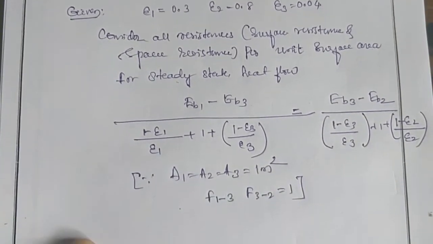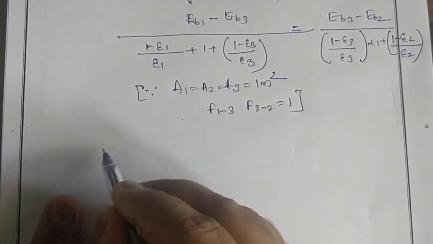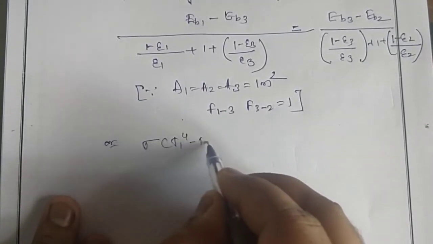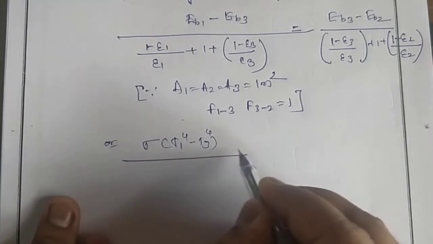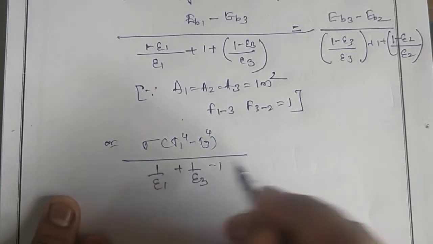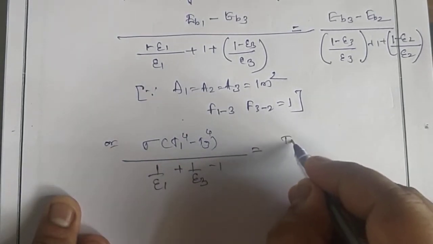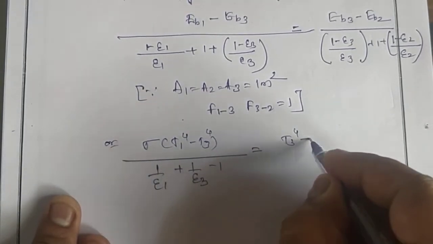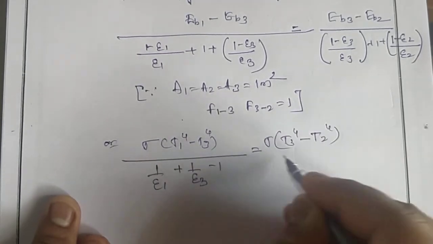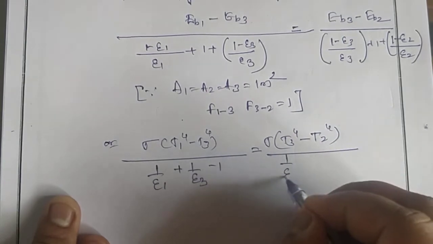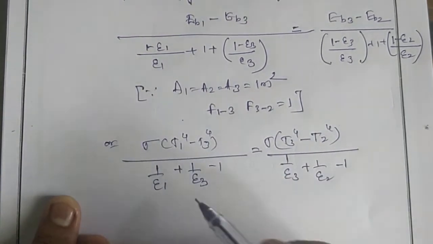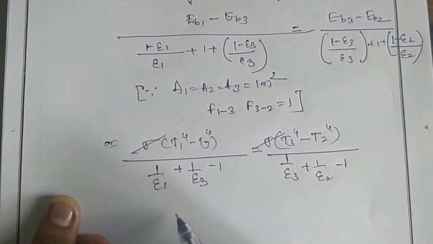Now you can write sigma (T1 to the power 4 minus T3 to the power 4) divided by 1 by epsilon 1 plus 1 by epsilon 3 minus 1, equals sigma (T3 to the power 4 minus T2 to the power 4) divided by 1 by epsilon 3 plus 1 by epsilon 2 minus 1. Sigma will get cancelled.